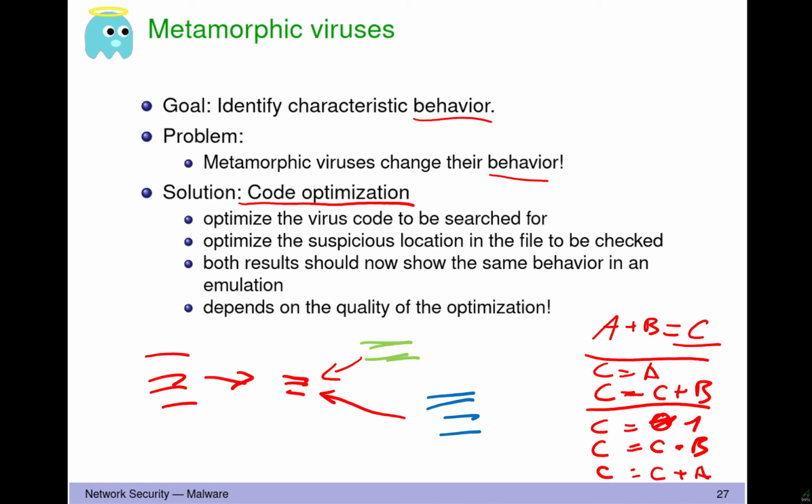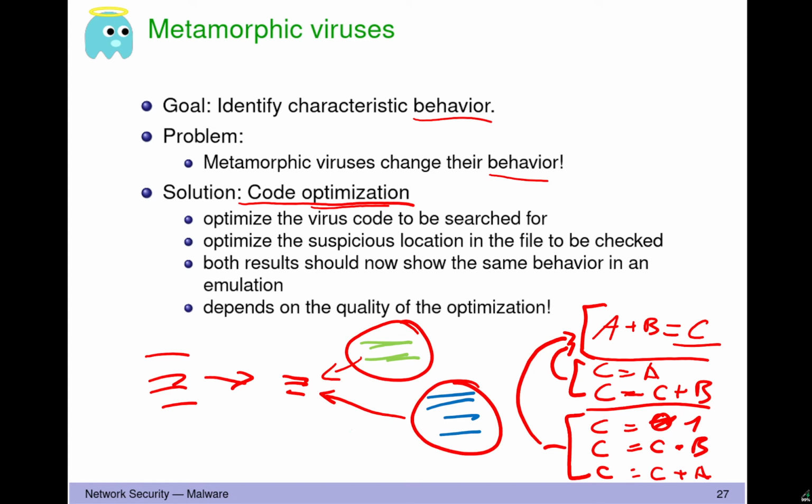So if we convert all of this to the most basic operation, we could try to recreate a very basic simple function out of differently looking files, to come to some kind of optimized code. And then we see, okay, if we optimize green, blue, and red, we come up with the same optimized code, and this can be detected.